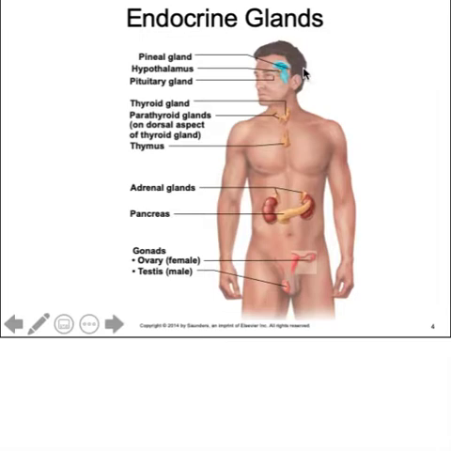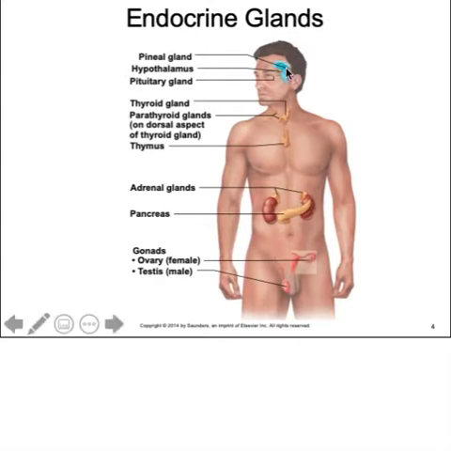The pineal gland is on the back of the brainstem, and it produces a hormone called melatonin, which is designed to control when we're asleep and when we're awake. This is part of what makes us more tired when it's dark out and more active when the light is on.